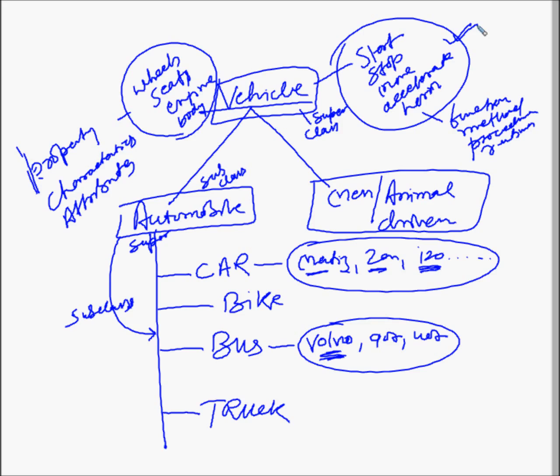So I hope you understood the difference between the object and class. In the case of bike, we are having, say, Splendor, Glamour, Pulsar. These are what? Objects. In truck, similarly, we can say LP something, Shaktiman, some kinds of trucks are there.